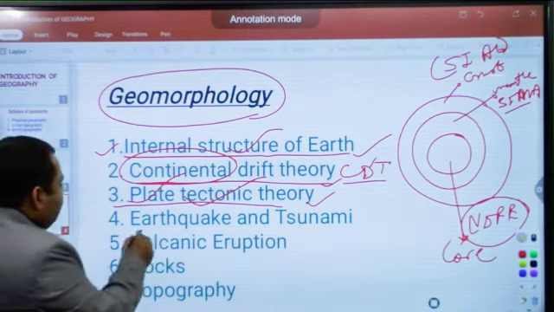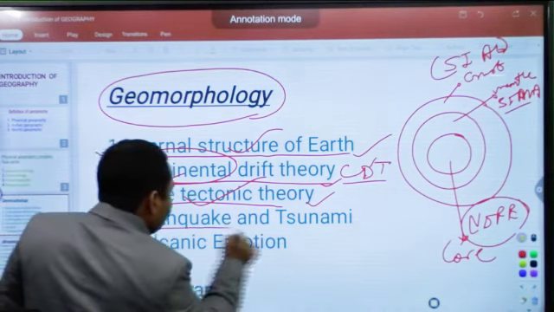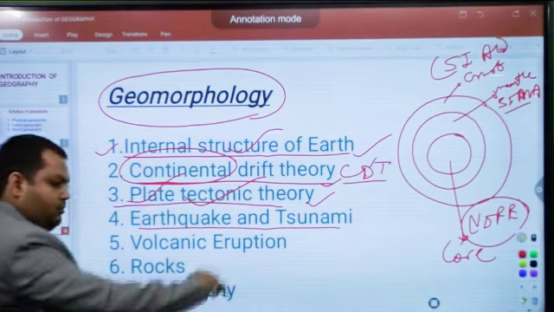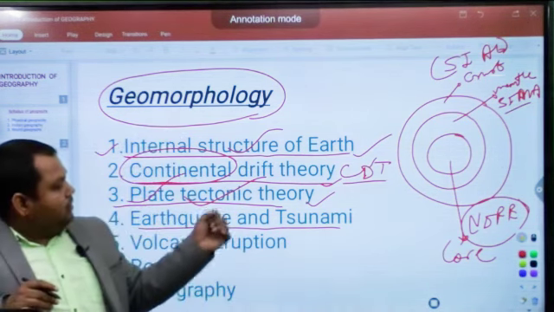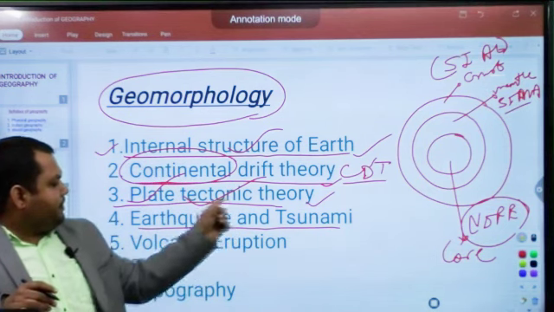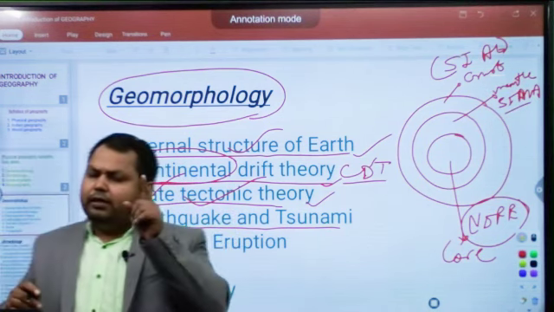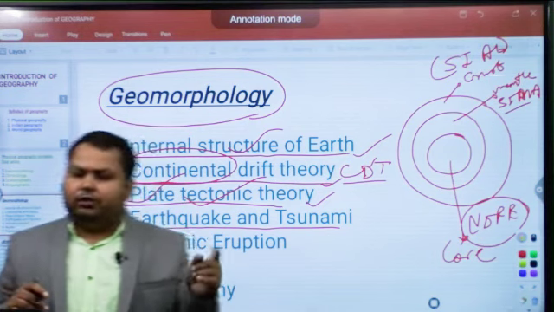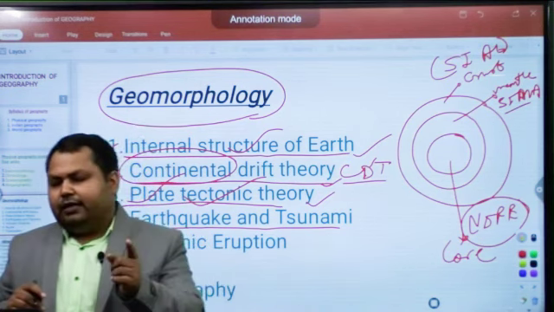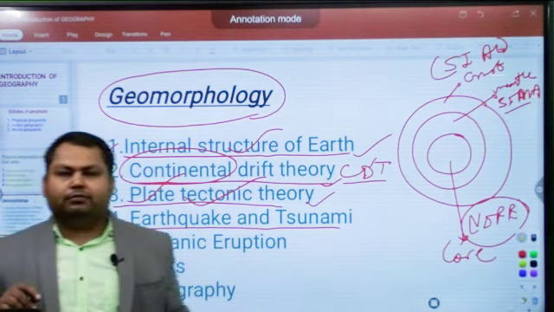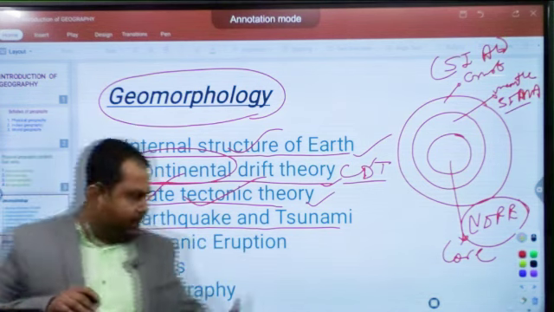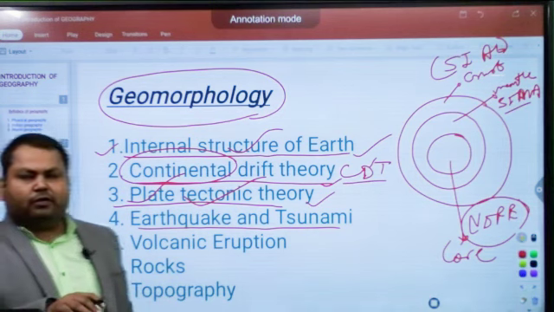The next topic is earthquake and tsunami. What is earthquake? When you understand properly the concept of plate tectonics, you will easily understand the topics of earthquake, volcanic eruption, tsunami too, and the formation of rocks like igneous and metamorphic.